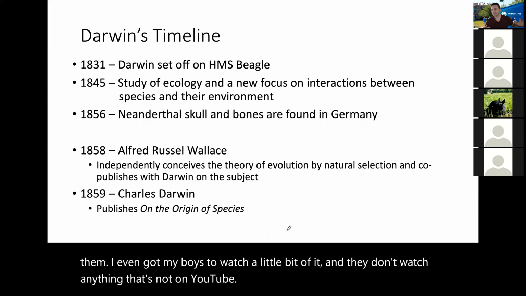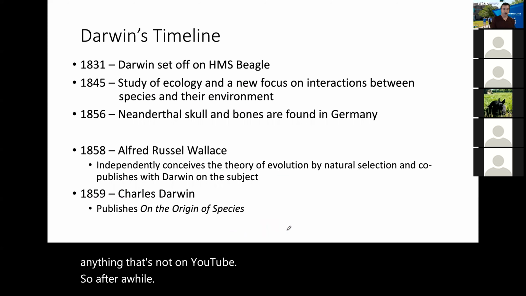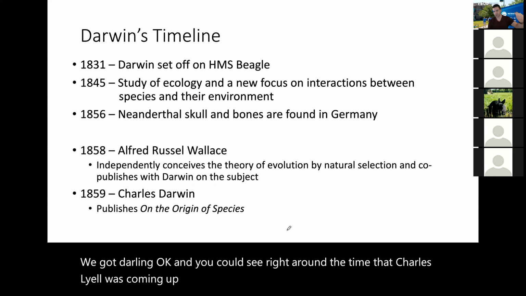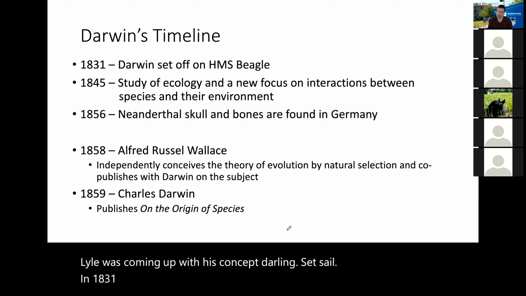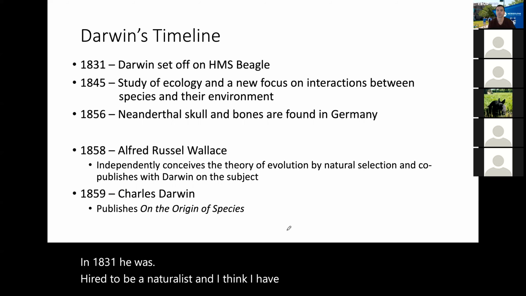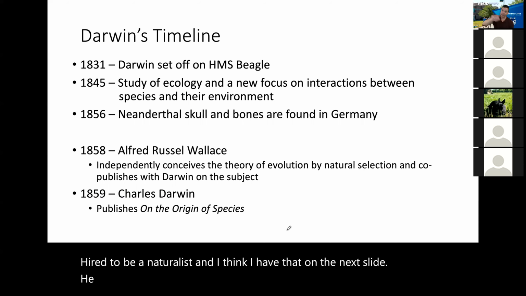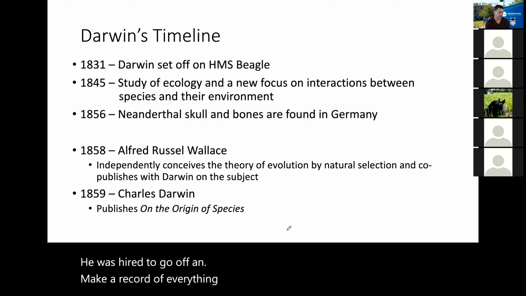So after Lyell, now we got Darwin, okay? And you can see right around the time that Charles Lyell was coming up with his concept, Darwin set sail. In 1831, he was hired to be a naturalist, and I think I have that on the next slide. He was hired to go off and make a record of everything he saw, collect samples of various different things.